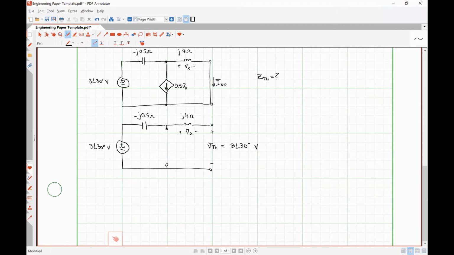Could you do source transformation like on the last problem and then current division? The problem with doing current division there is that we don't have that dependent source. We can't just treat it as an impedance in parallel with everything else because it's not an impedance. So it's going to require a little bit more work than that.